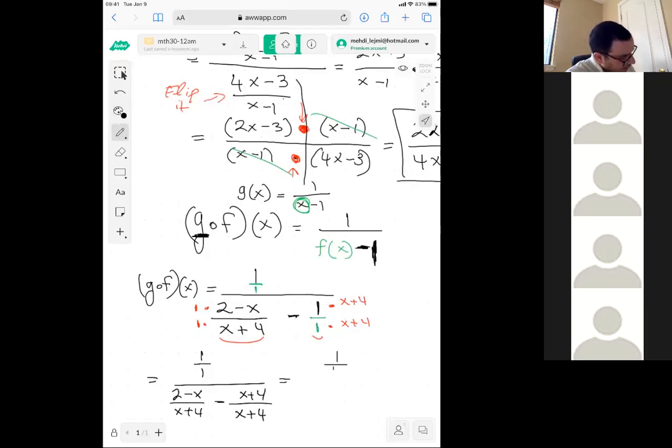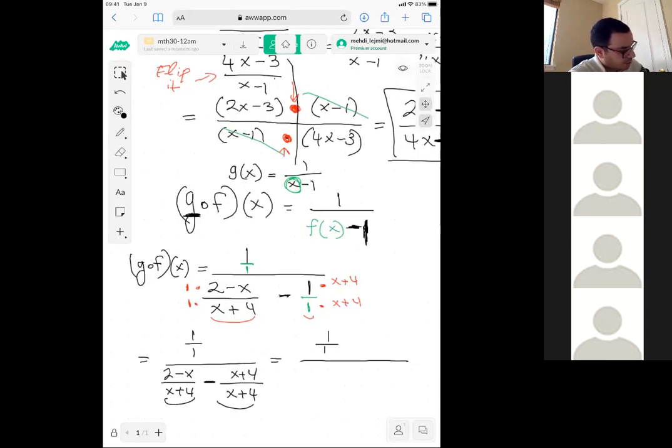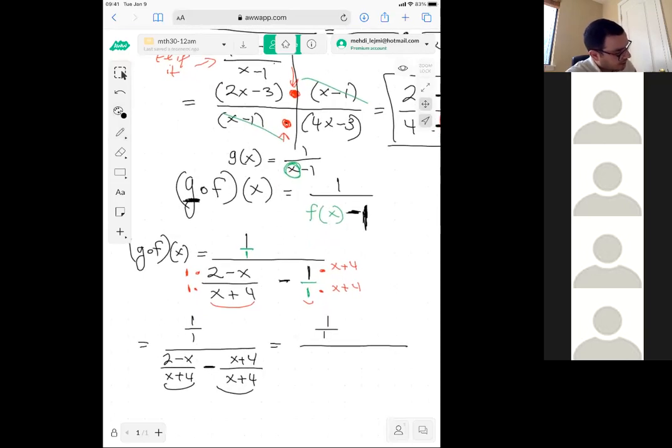So that's 1 over 1 over, and now because I have this common denominator, I can subtract the numerators. So it's 2 minus x minus, and you're going to need a parenthesis, guys. This is really important. So x plus 4, and then the whole thing divided by x plus 4.